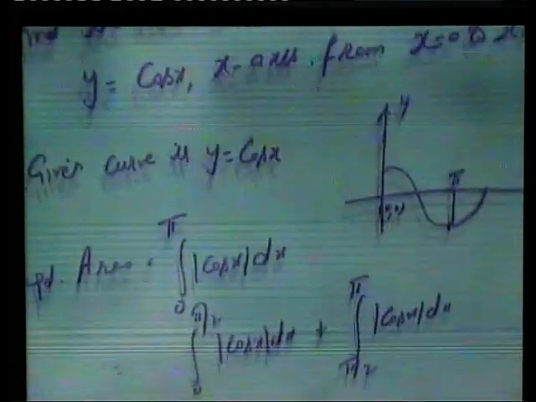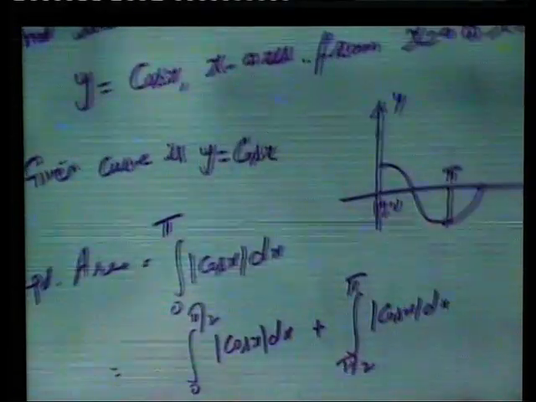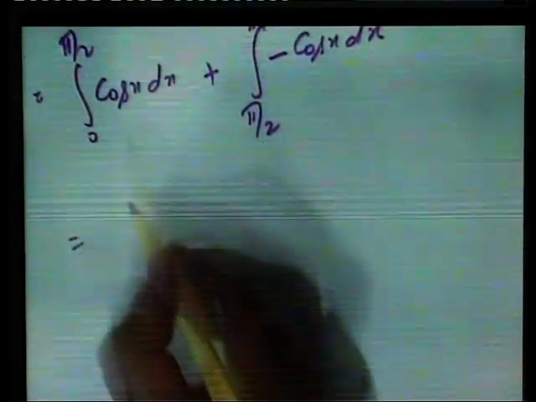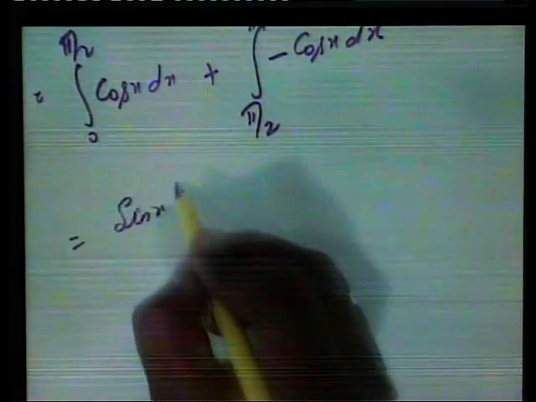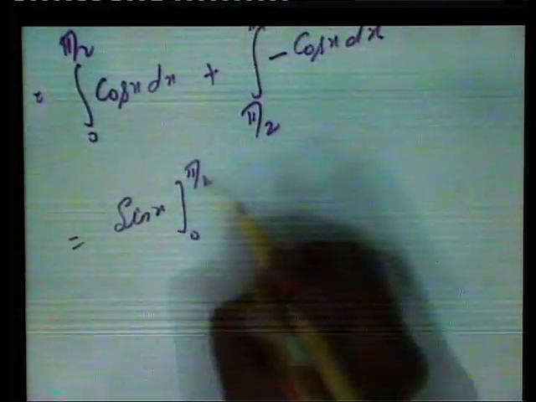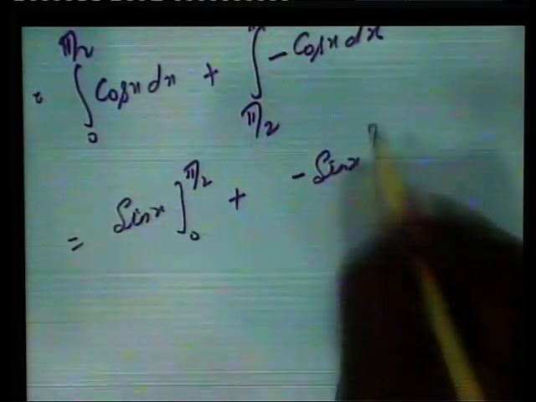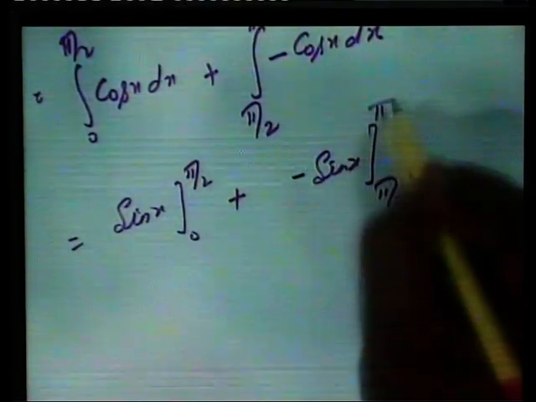0 to pi/2 means first quadrant. In first quadrant cos x is positive, it is 0 to pi/2 cos x dx plus pi/2 to pi means second quadrant. In second quadrant it is negative, minus cos x. Cos x ki integral sin x, limits are from 0 to pi/2, plus minus cos x ki integral minus sin x, limits are from pi/2 to pi.